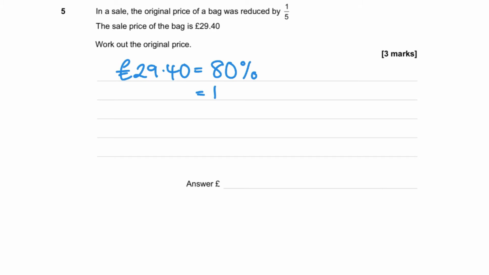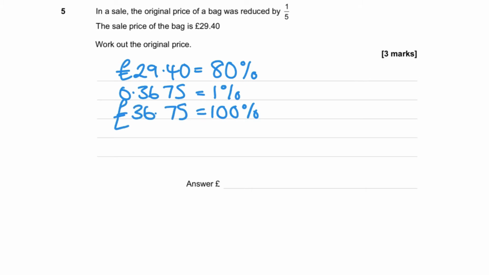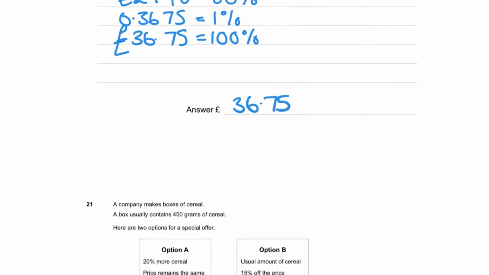So to get to 1%, we divide by 80, so we'll divide the price by 80 to give us 0.3675, which is 36 3/4p. We'll times it by 100 to give us £36.75, which was the original price of the bag, so we'll pop that down here.